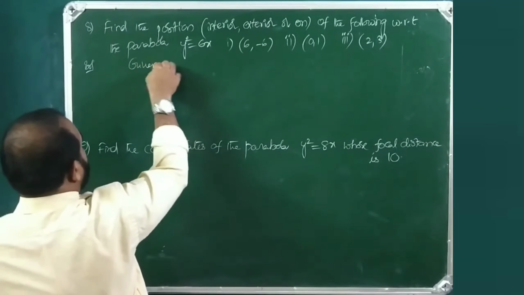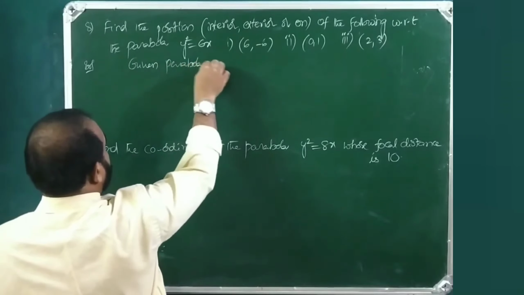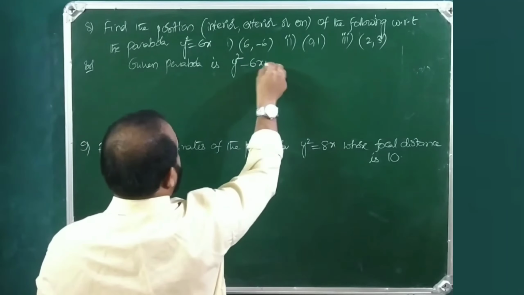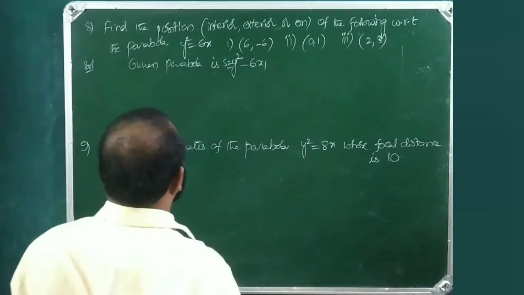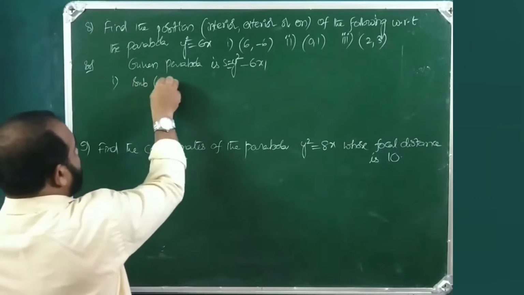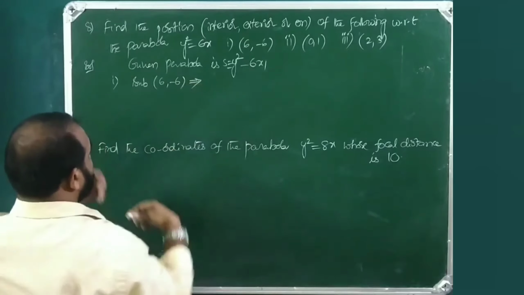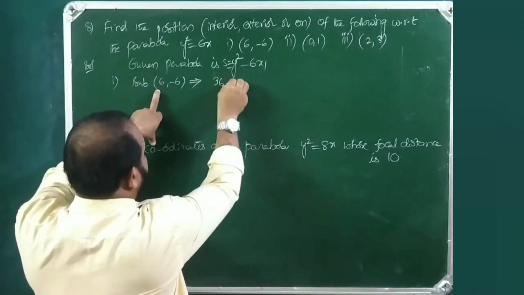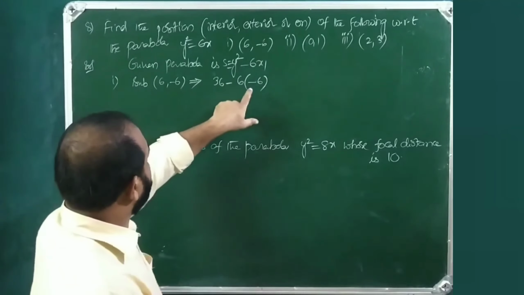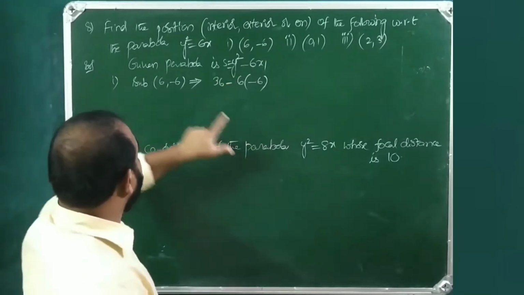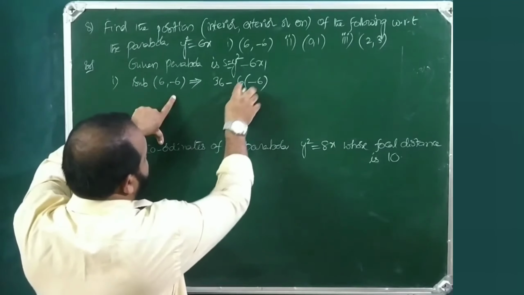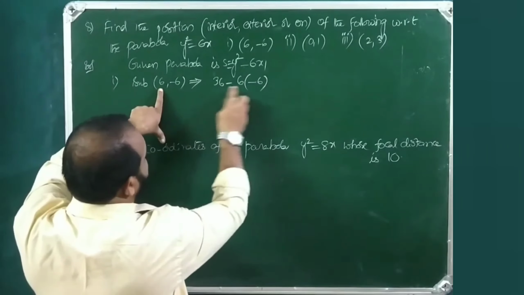The given parabola is y square minus 6x. Now the first point: substituting (6, minus 6), we get y square, (minus 6) whole square, that is 36, minus 6 into x1 value, which is plus 6.